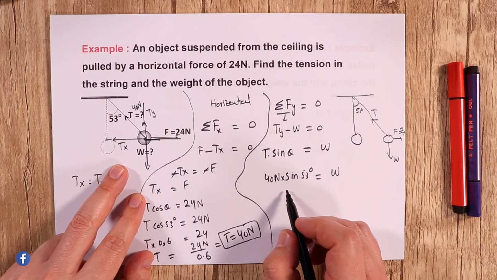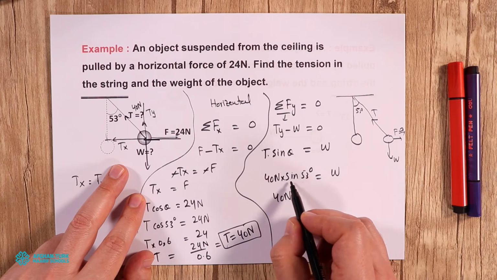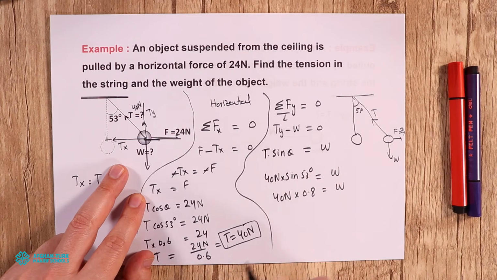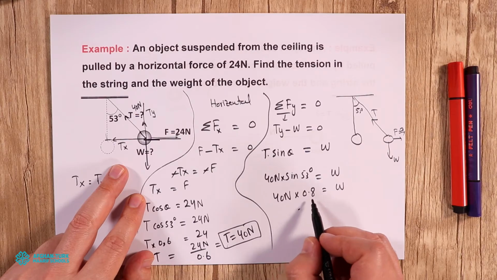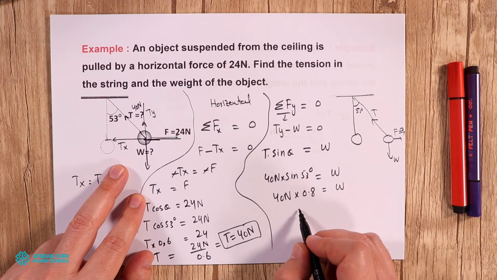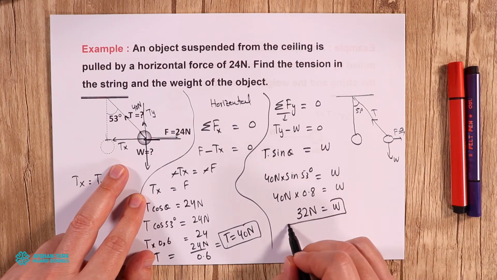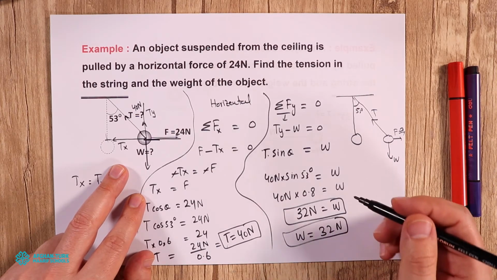So 40 Newton multiplied by 0.8 is equal to W. If we multiply these two values, we get 32 Newton. So the weight is equal to 32 Newton. This is the answer.